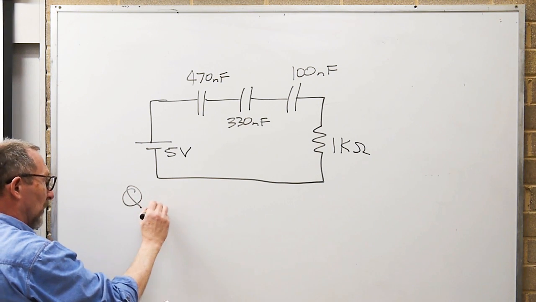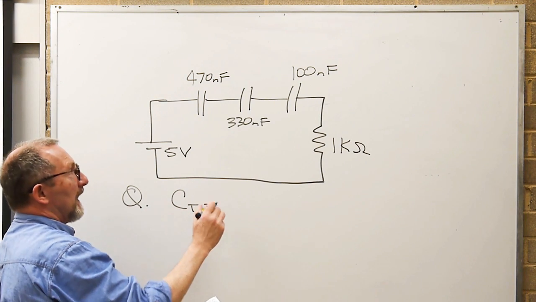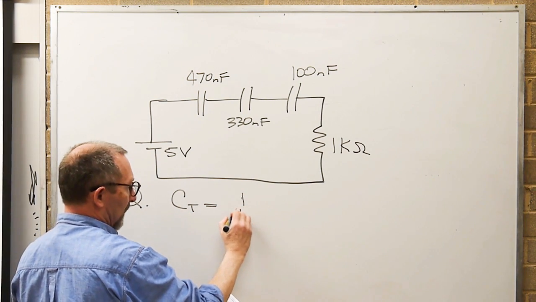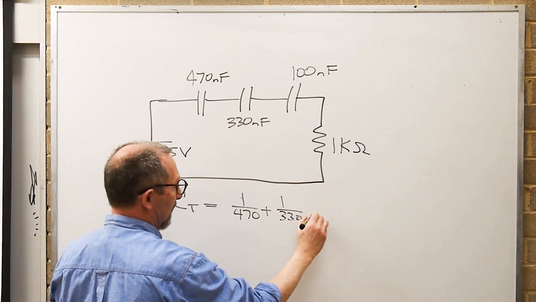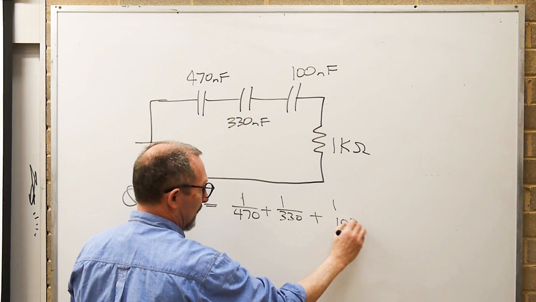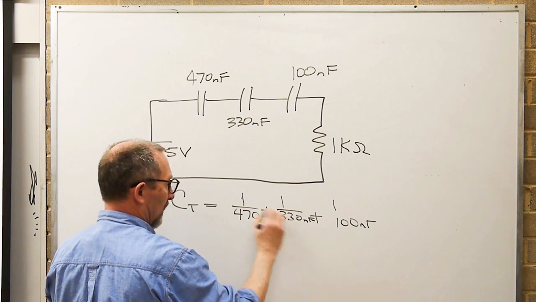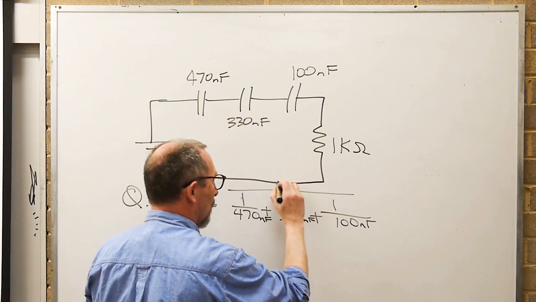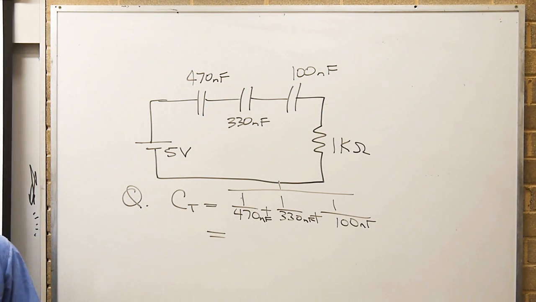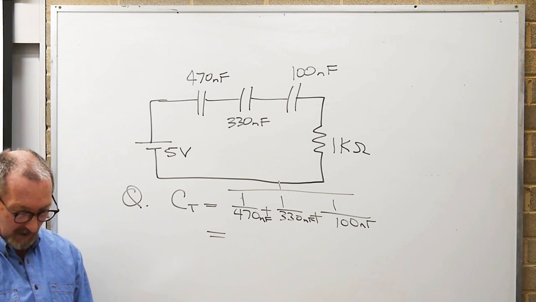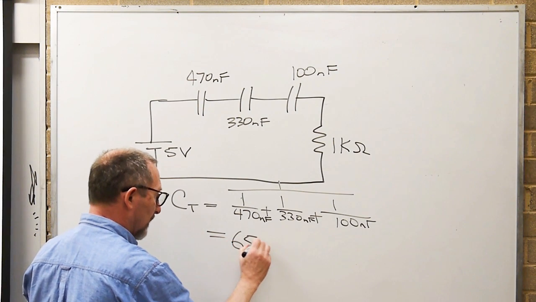So CT equals 1 on the 470 plus 1 on the 330 plus 1 on the 100, nanofarad of course, and then 1 on the whole lot, the sum of the reciprocals, same as for parallel resistors, as we've already seen. And that worked out to be 65.97.